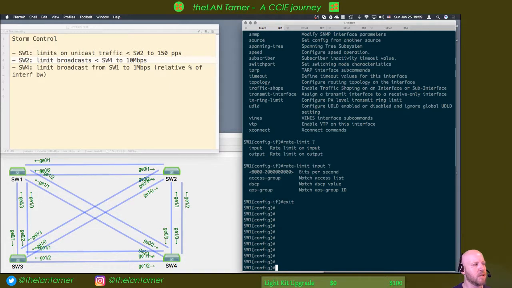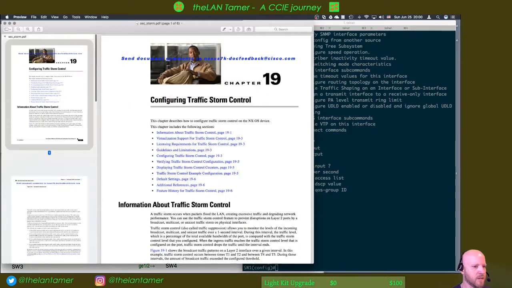So what about storm control? Here's NX-OS, that's going to help me or not.